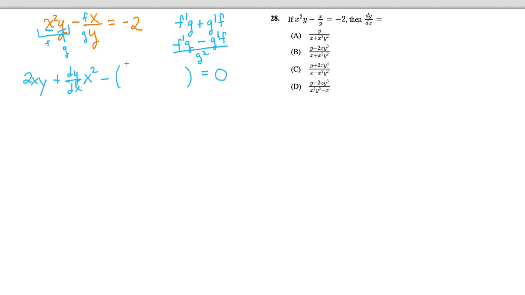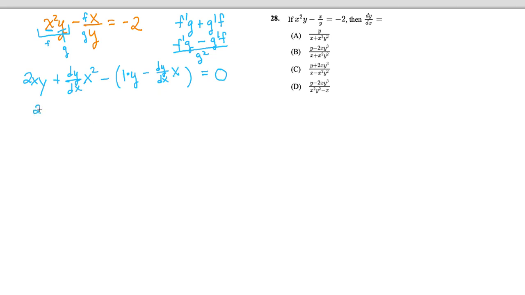So what is it in this case? It's 1, because the derivative of f in this case, which is x, is 1, times g is y, minus g prime is dy dx, and then f is just x.